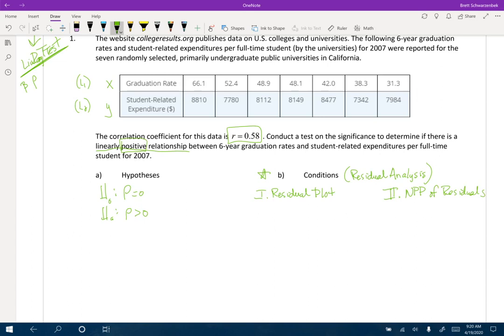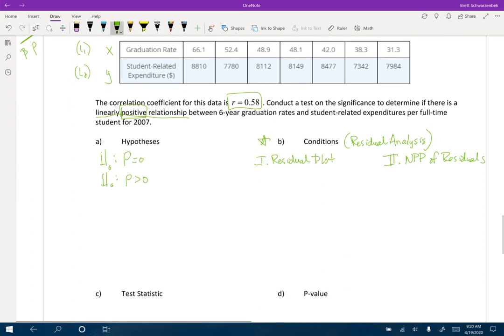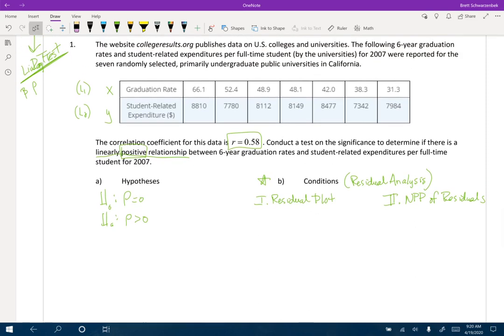Okay, so if you're back and you tried it, that's great. If you didn't and you just want to follow along, that's okay too. But basically, what are we doing here? Essentially, remember we have to do L3 is equal to Y1 of L1. But we can only do that if we run LinReg a plus bx in order to store Y1 in the calculator.